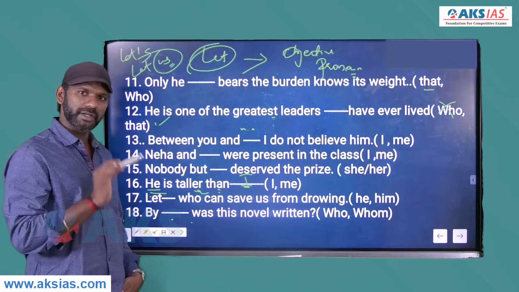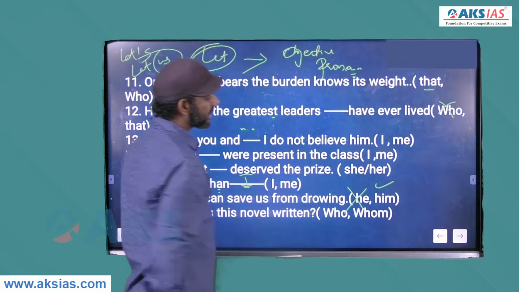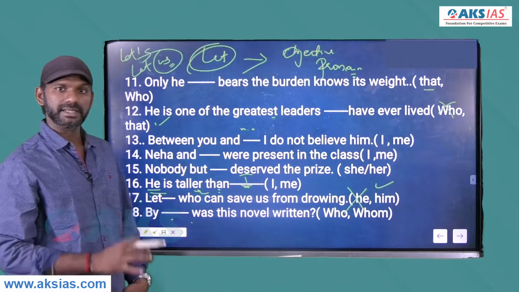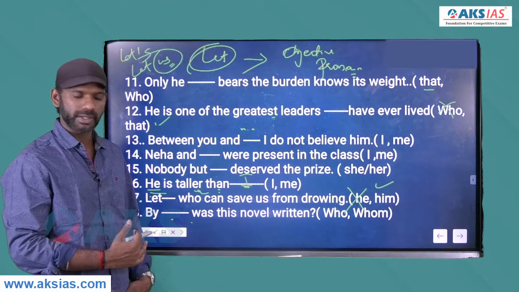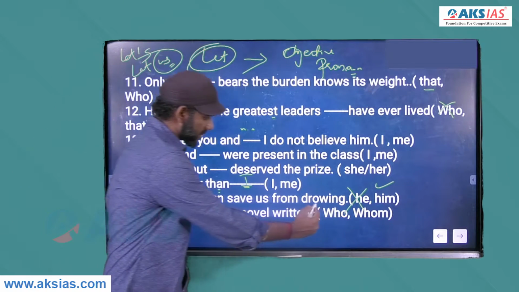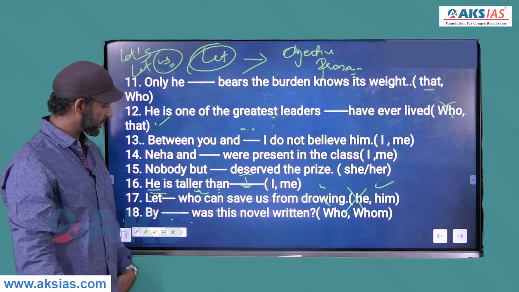This blank must be filled with an objective pronoun. Based on that, he is eliminated and so it must be him. He is subjective, whereas him is objective. So let him who can save us from drowning. Clear? Come on, next one.